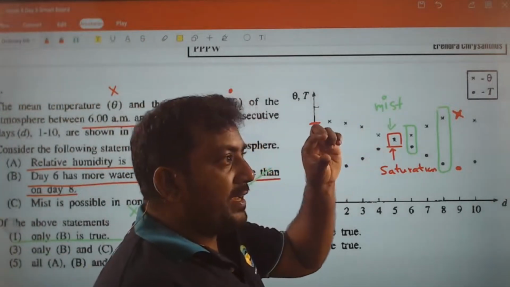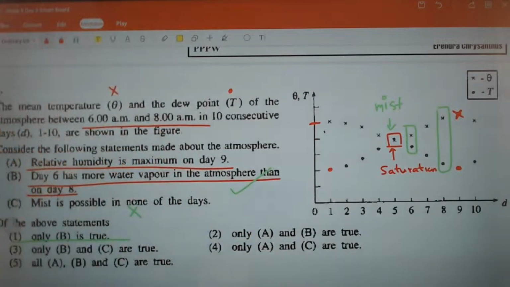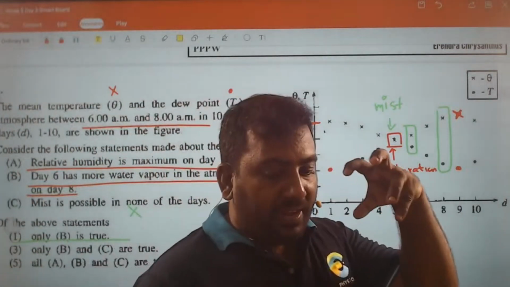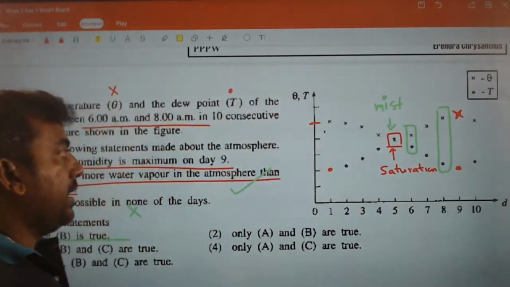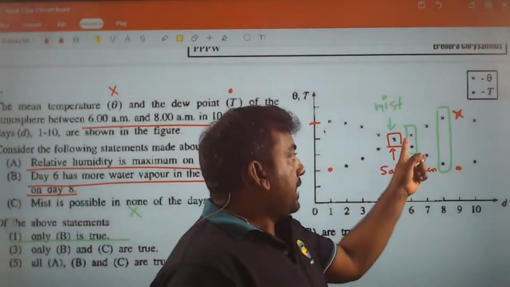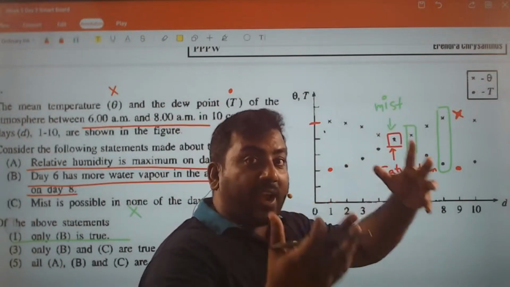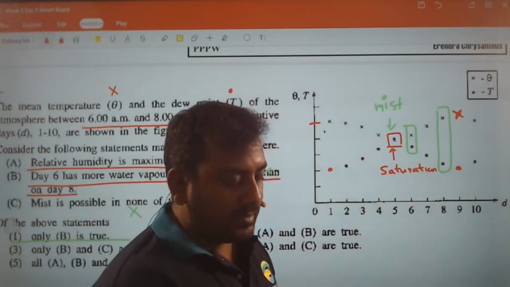The closer the mean temperature reaches the dew point temperature, water vapor in the atmosphere will increase. Is it clear? Understood? The closer this gets, saturation is almost going to take place, and more and more water vapor is in the atmosphere.